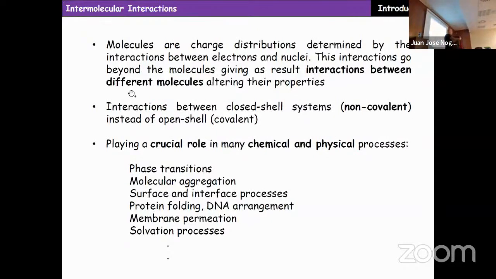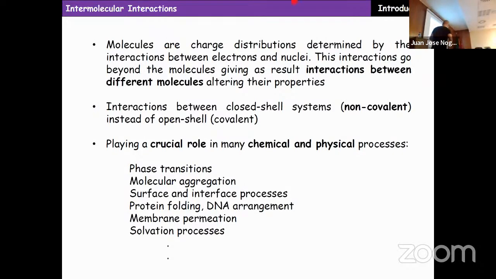Okay, so for a covalent bond, normally you have 2 radical pieces, okay, and you have unpaired electrons, and then you pair the electrons, and you have a very energetic interaction, the covalent bond, mainly because of electron exchange, okay. And in this case, in the closed shell system, the electron exchange is repulsive, as we will see. Okay, so they are very different interactions. Interactions between electrons and nuclei, but the nature is completely different.